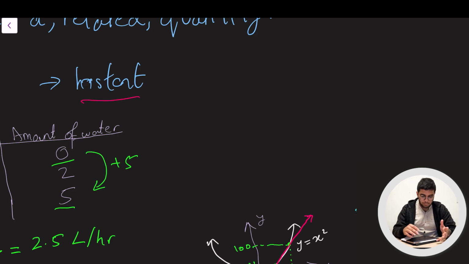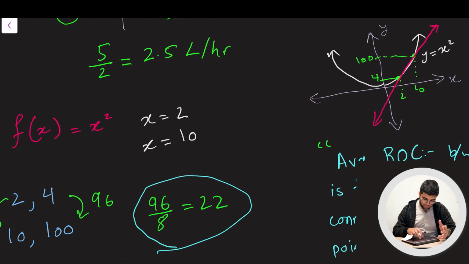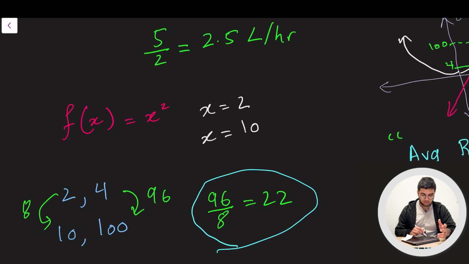Now, for example, right, we had our function f of x equals x squared, and we were looking at the average rate of change from 2 to 10, okay? Now, if you look at it from an instantaneous rate of change point of view, you would only look at the rate of change at 2, not from 2 to 5, not 2 to 3, no, at 2 exactly, okay?